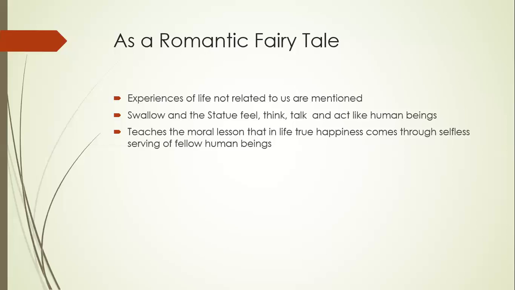And again, on the third day, when the swallow tries to take its leave, the statue requests the swallow to be his messenger once again, and this time the statue wants the swallow to take the other ruby from its second eye socket to a young girl who is a match seller and whose matchboxes have all fallen in the garden, and she's crying with the fear that her father is going to beat her for not bringing any money home.